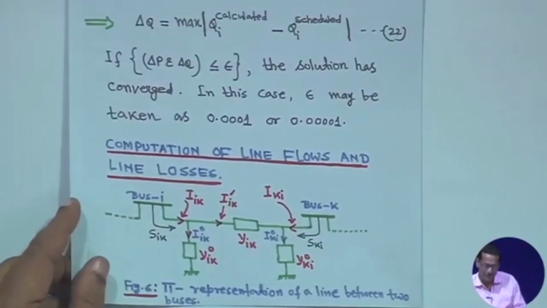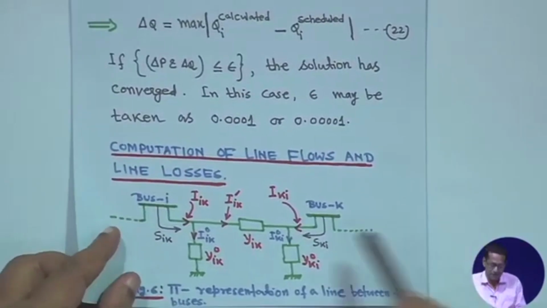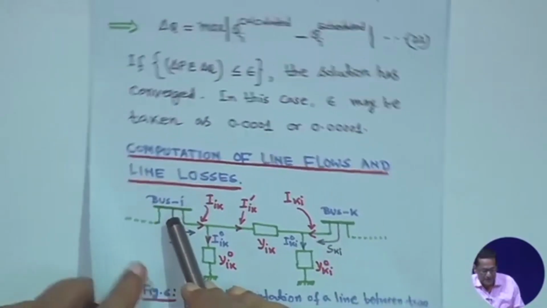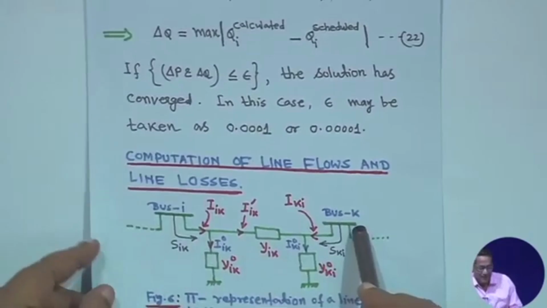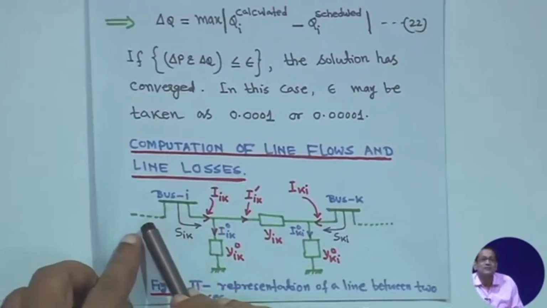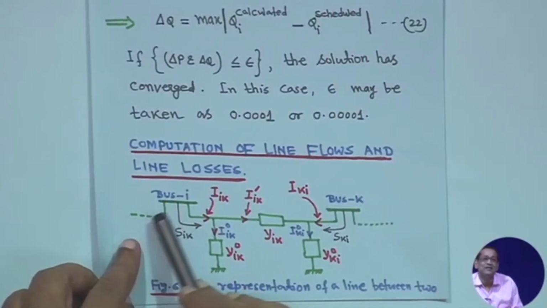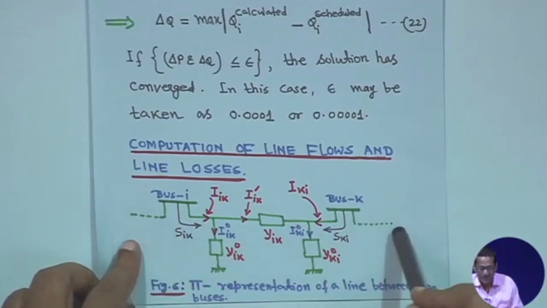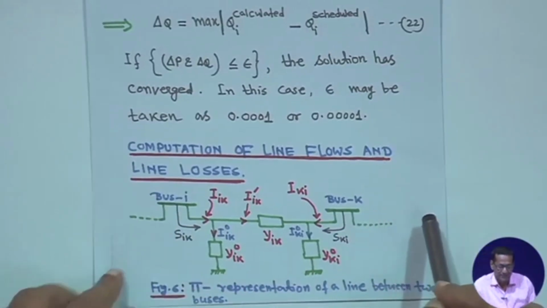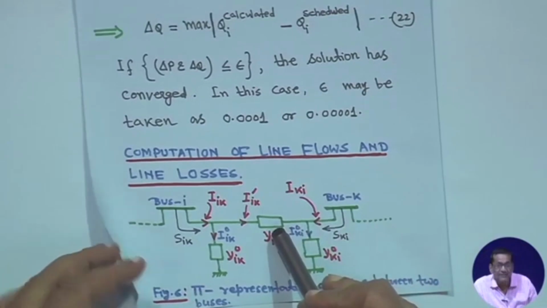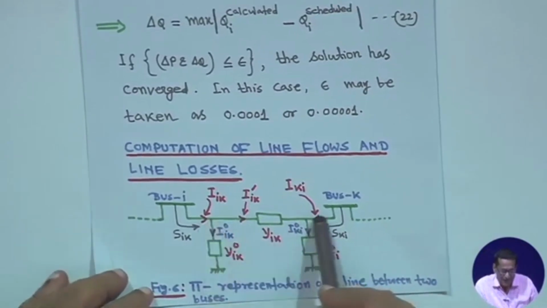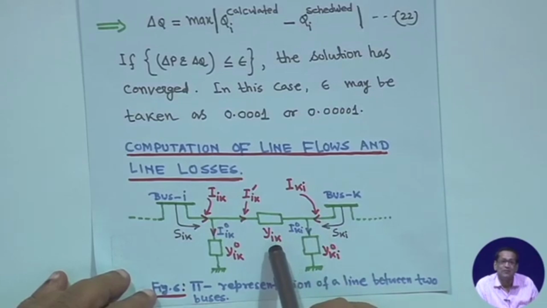If you know this, then look at this. Suppose you consider bus i and bus k, shown with dashed lines, since bus i may be connected to some other buses and bus k also connected to some other buses. Instead of line impedance, we use y i k, the line admittance, small y.